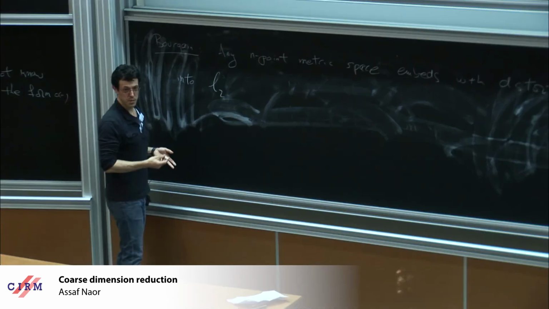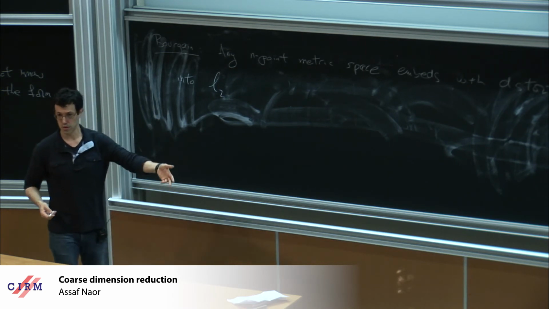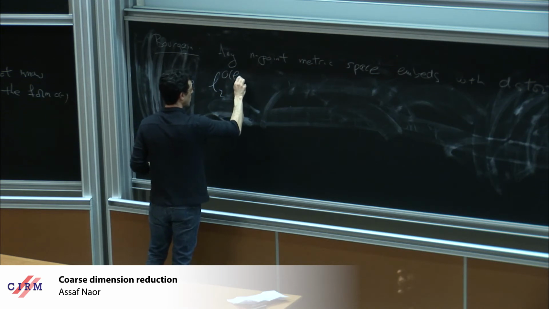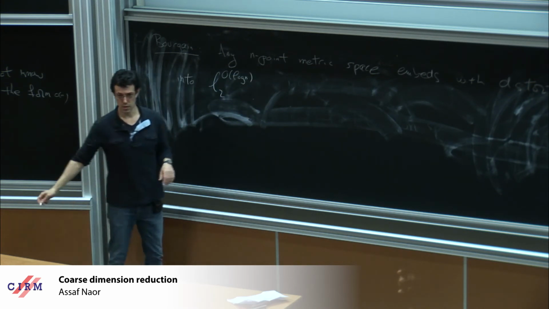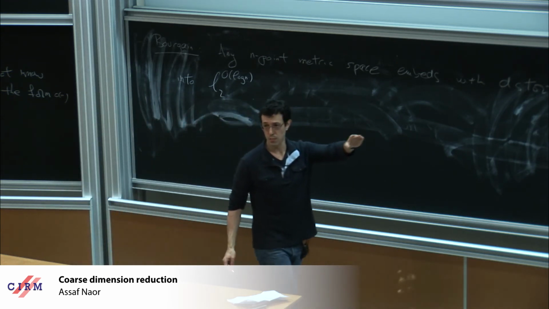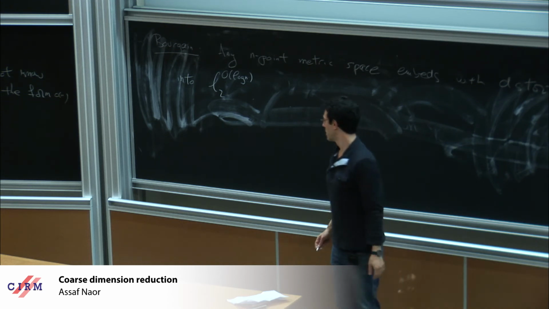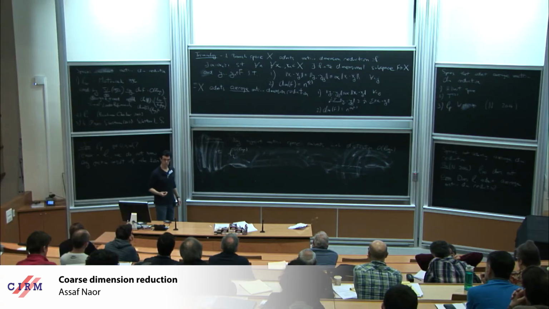But of course, once you have this image of these points in L2, you can do a random projection. You can apply Johnson-Lindenstrauss, so you can even say the dimension is log n. Okay, so any n points can be realized with Lipschitz distortion log n into some log n dimensional space. And the question that I want to ask is, can you do little o of log n?